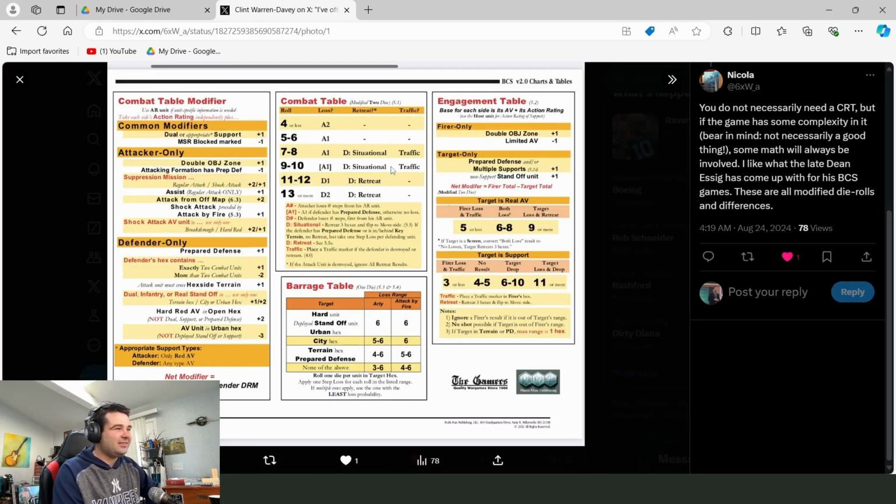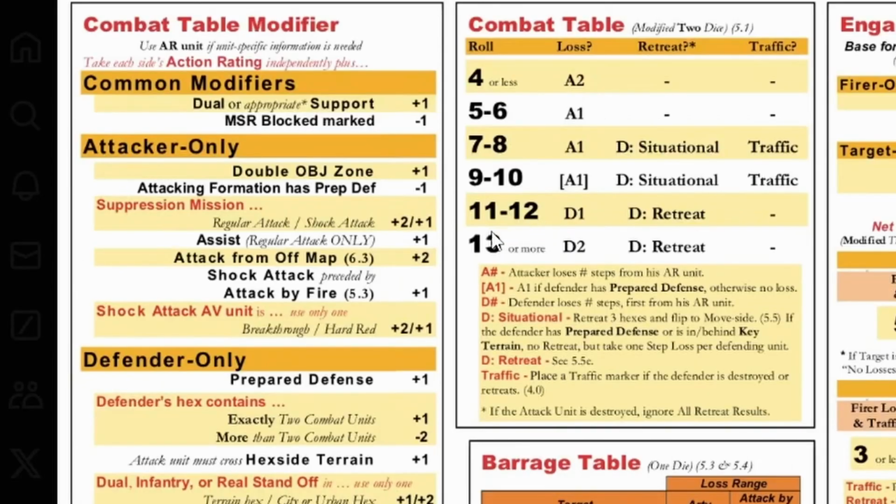So I think this is a great example. The BCS system is really cool. The snafu roll and the actual results tables are really interesting. If you look at some of the interesting die roll modifiers here, you can see that you can easily combine a wide list of die roll modifiers with a relatively simple combat results table.